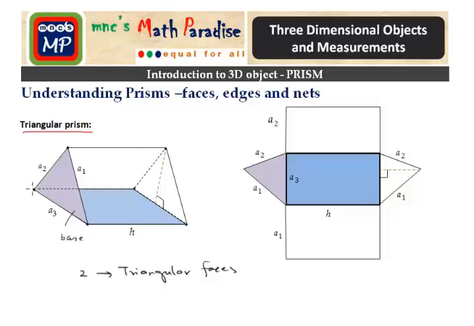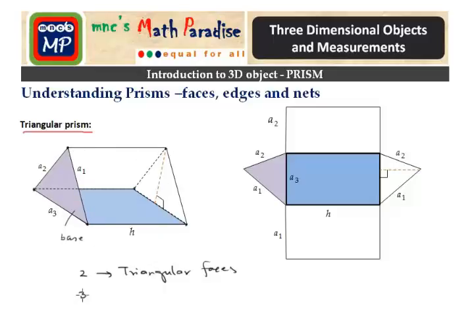Similarly, with this side A2 and throughout this height, there is another rectangular face, this one. Similarly, with this side A3 of the triangular base and this height, this blue face is another rectangular face. So there are three sides in this base, and with this height, these three sides of the base will make three rectangular faces.